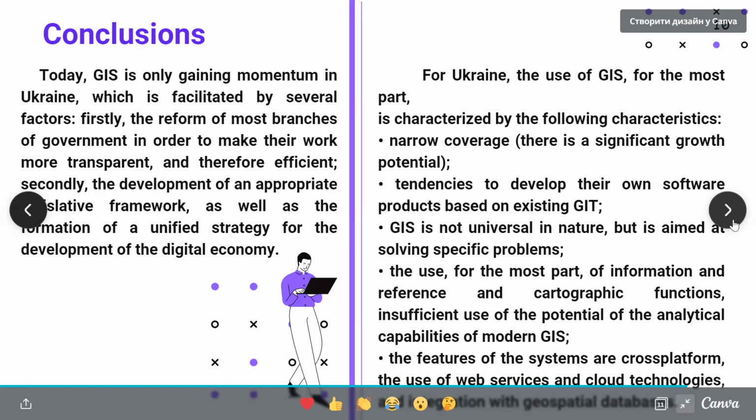The use for the most part of information, reference, and cartographic functions, insufficient use of the potential of the analytical capabilities of modern GIS, the feature of cross-platform systems, the use of web services and cloud technologies, and integration with geospatial databases.